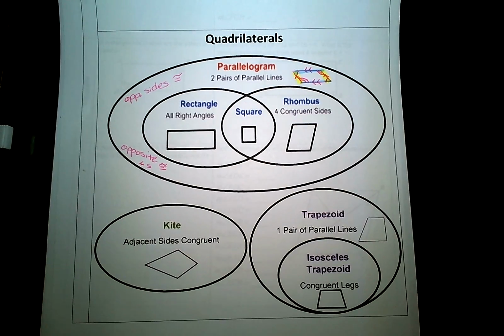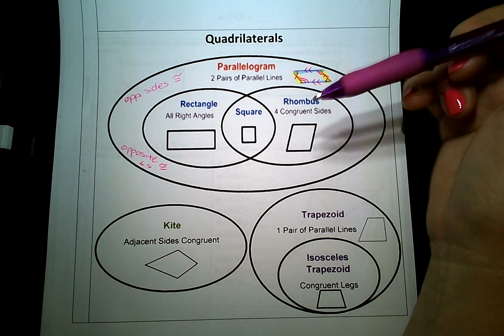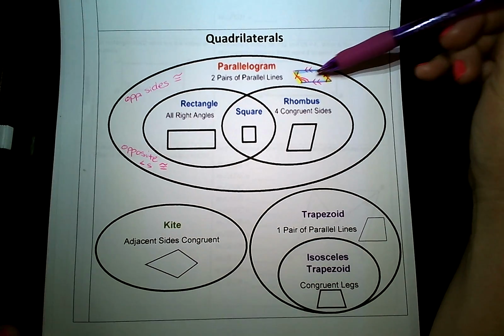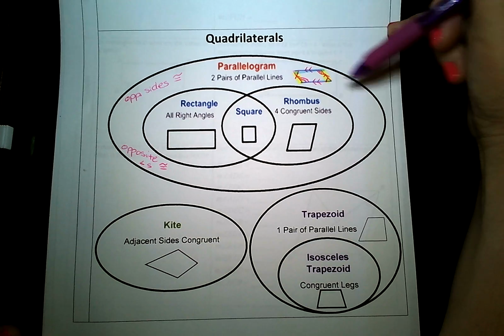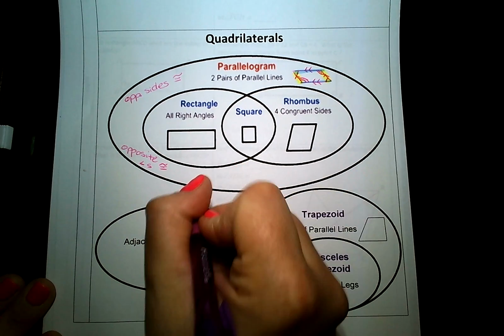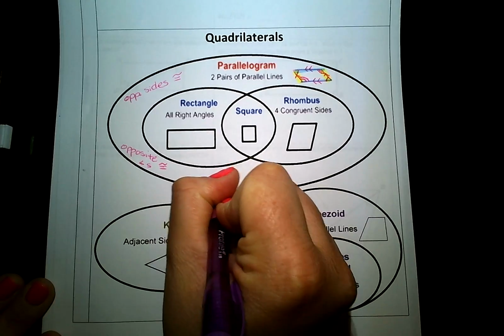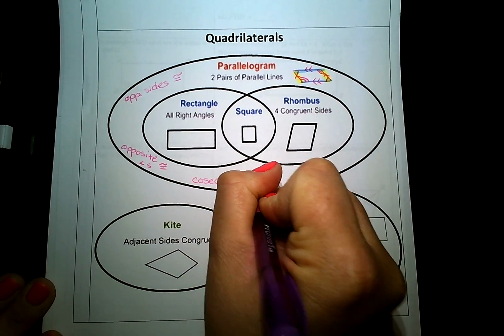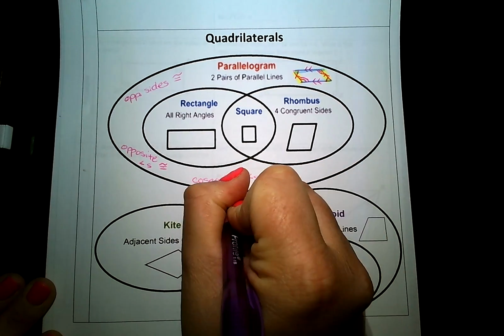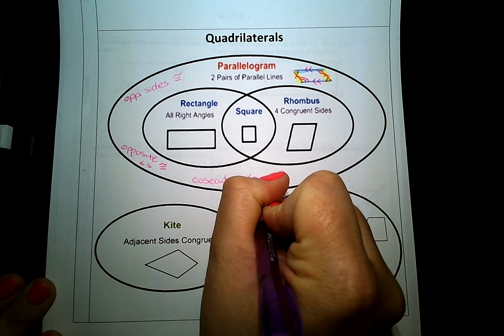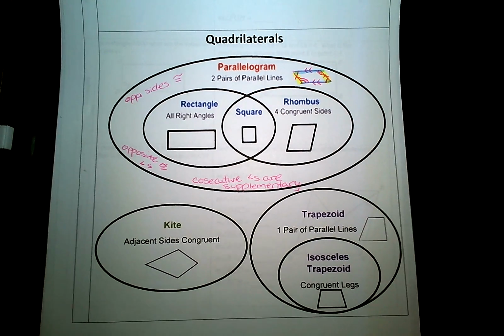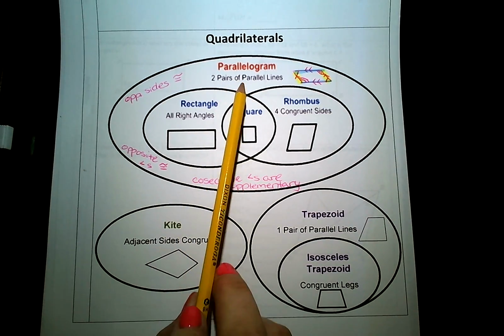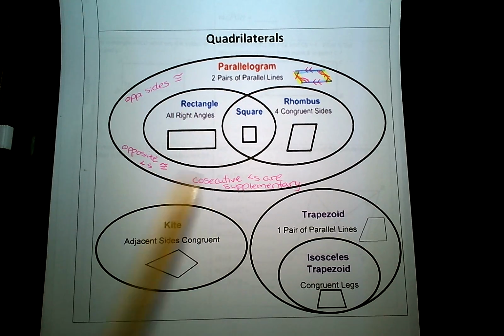Something else very important to a parallelogram due to the parallel sides is that while the opposite angles are congruent, the consecutive angles, one obtuse and one acute, are supplementary. So I've got two features about the sides and two features about the angles.